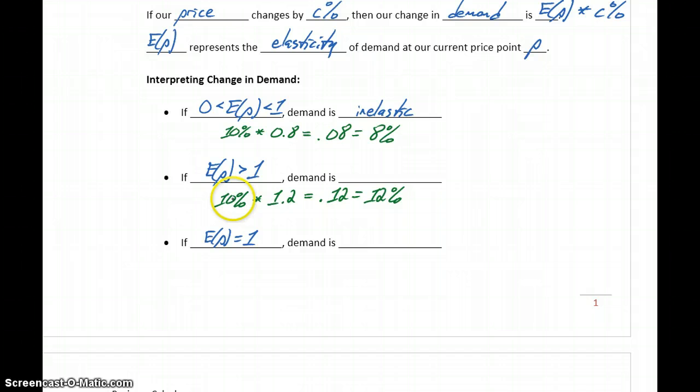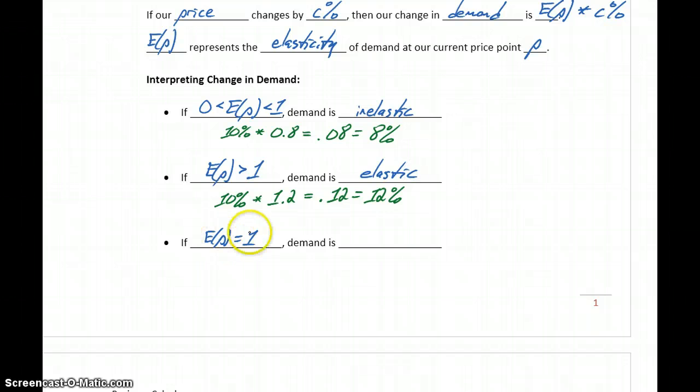So increasing our price by 10% decreases demand by 12%. So our increase in price yields a bigger change in demand, which would be bad. So we would refer to this demand as elastic.